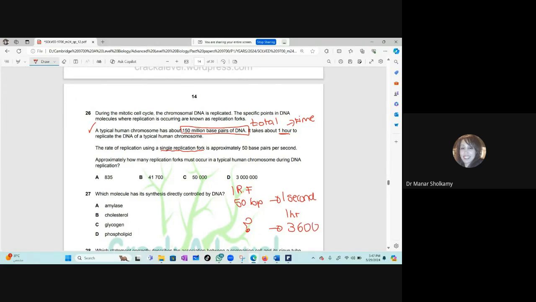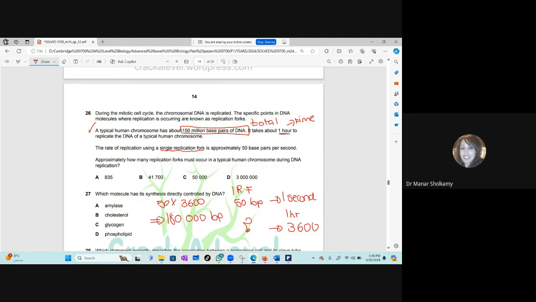What will we do? 50 times 3,600. Yes, we will multiply 50 times 3,600. Let me calculate that. It's 180,000. Good. So 180,000 base pairs will be replicated by one replication fork in 1 hour.